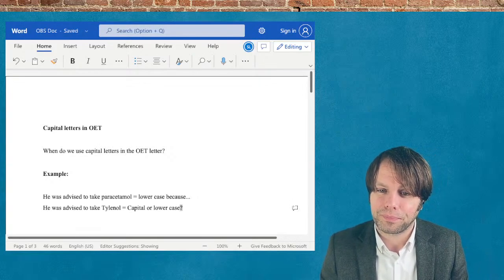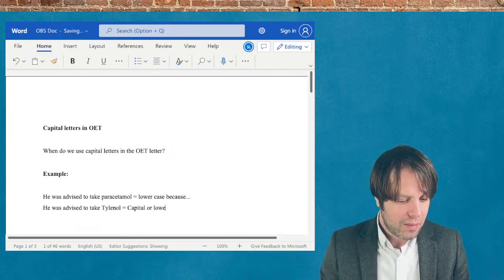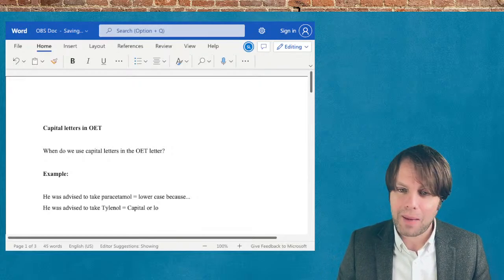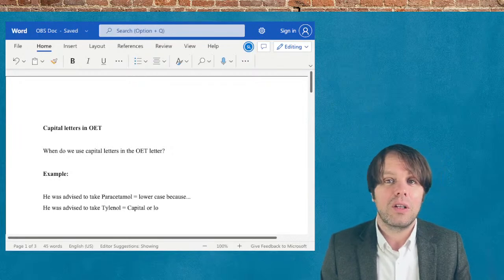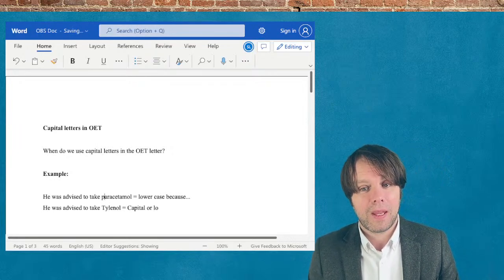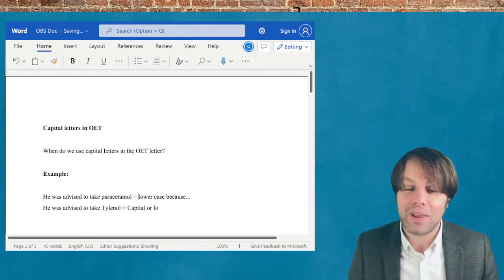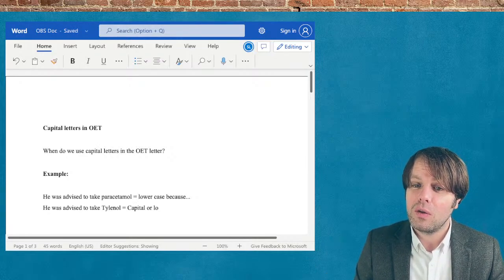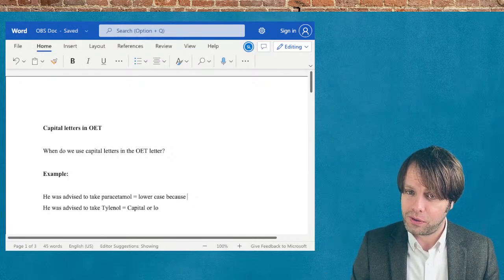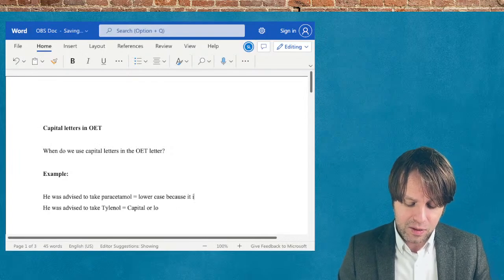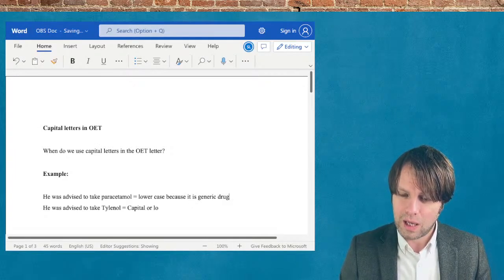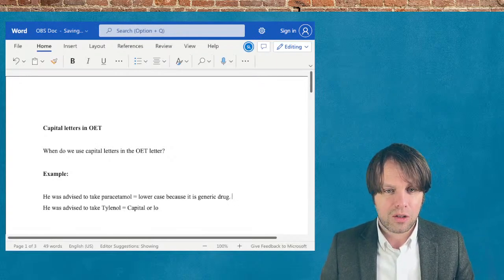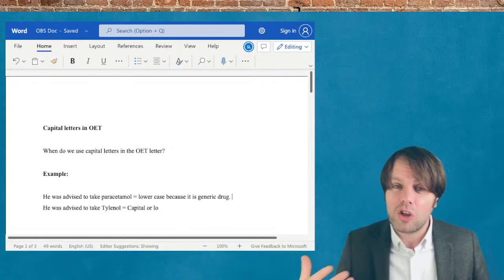Someone's saying, Maria, you're saying use a capital letter here for paracetamol. Actually, Maria, that's wrong. Sorry to be so direct, but that's wrong. Here we use lowercase because it is what we call the generic drug. It's just the scientific name, the generic name.